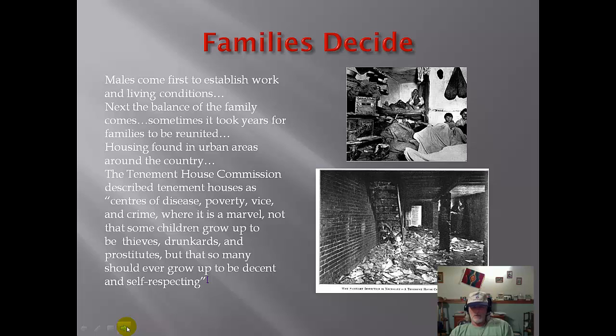Many times the father would come first, and it took years for the rest of the family to arrive. We looked before at how in New York you started running into tenement houses and overpopulation. People were just crammed into these houses, and the sanitary conditions were not very good at all.